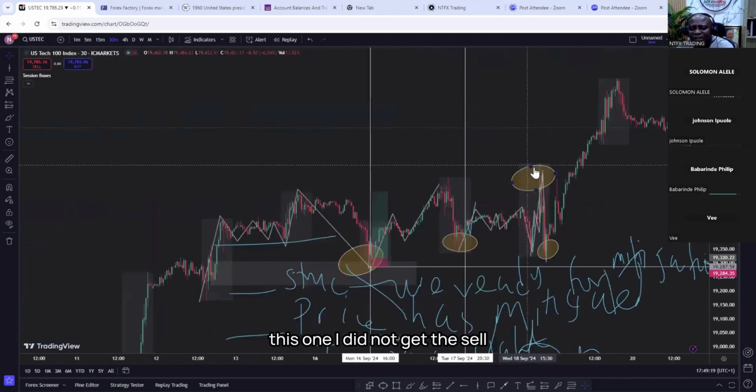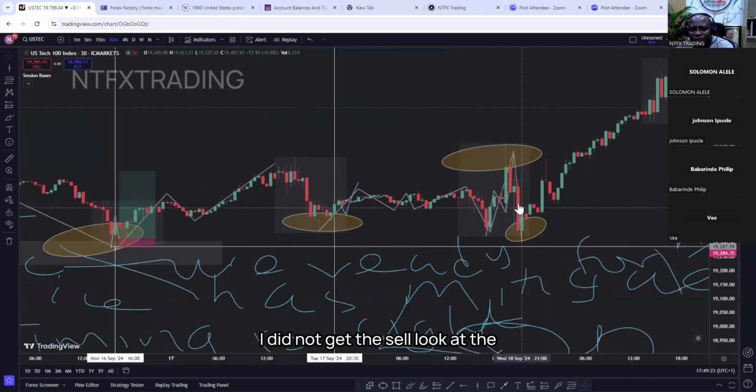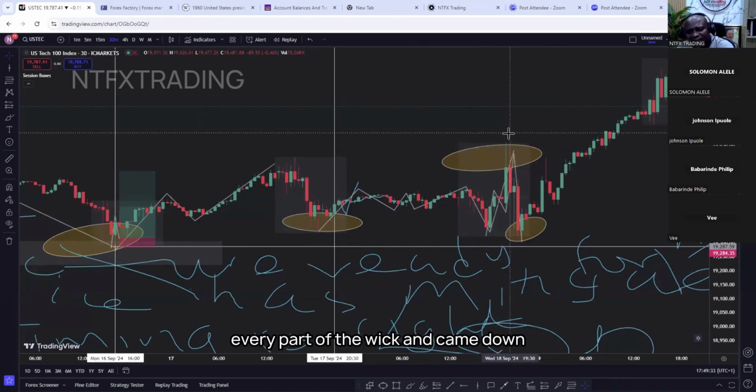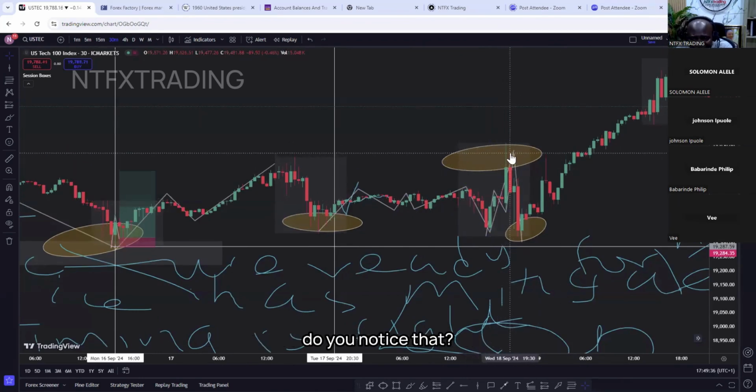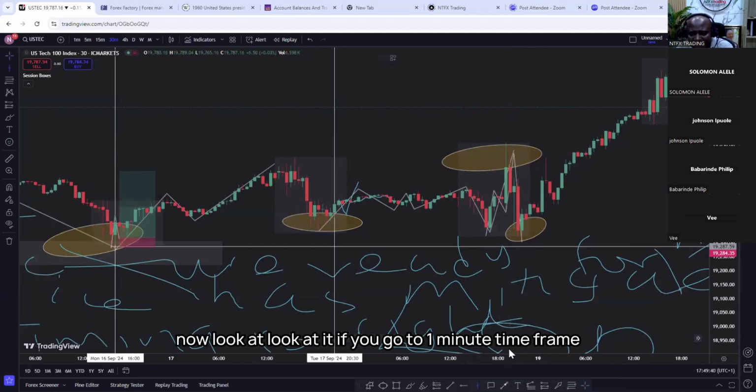This one, I did not get the sell. Look at the liquidity. Do you see the injection? The sell injection? Do you see it? That I filled every part of the wick and came down. Do you notice that? Yes. Correct. Yes, sir. Now, look at it.